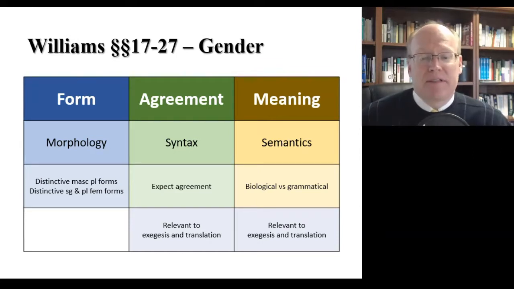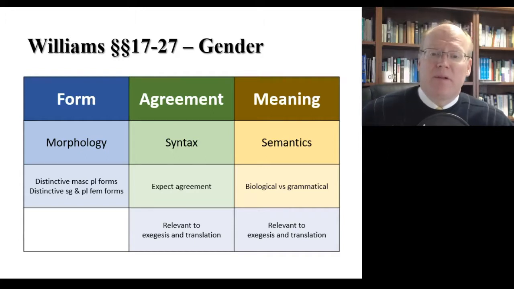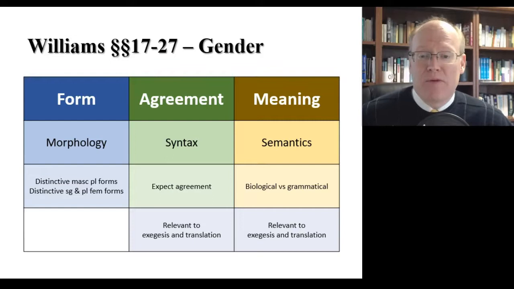A lot of exegetical and theological fallacies have been committed around the relationship between morphological gender and semantic gender. People have said of the Hebrew, everything in the world is either masculine or feminine. Or because this noun form is feminine, Hebrews must have conceived of this idea as somehow inherently feminine, or if it's masculine, inherently masculine.